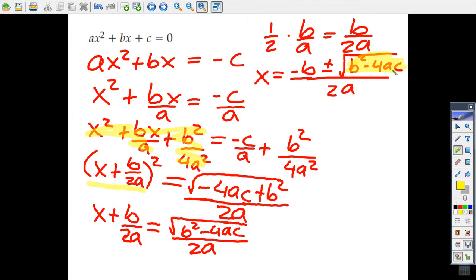Because if the value for b squared minus 4ac is positive, I'll end up with two solutions. If this value is 0, how many solutions do you think I'll get? 1. And if this value is negative, how many real solutions will I get? I'll get 0 real solutions, but 2 imaginary ones.